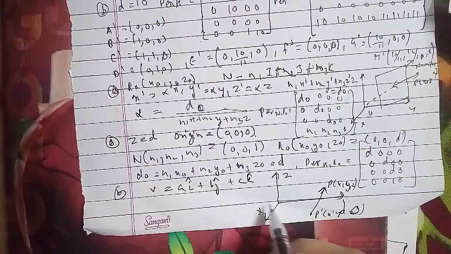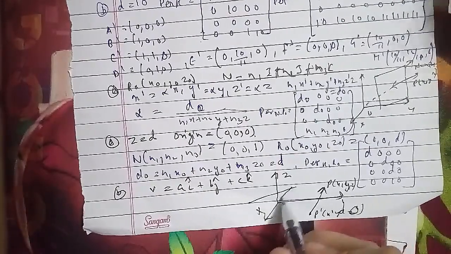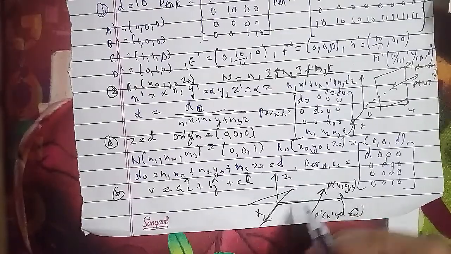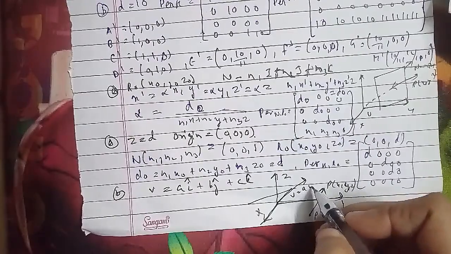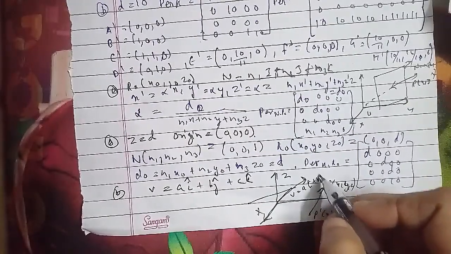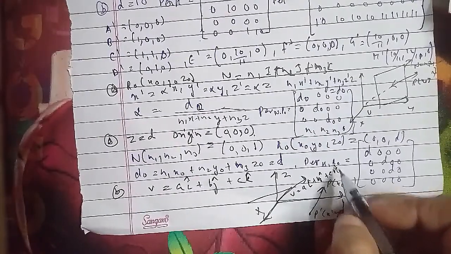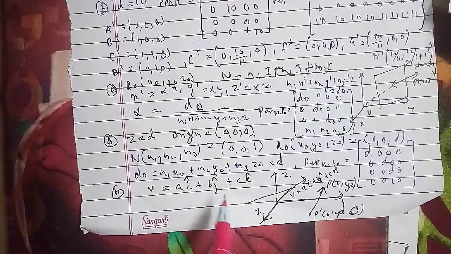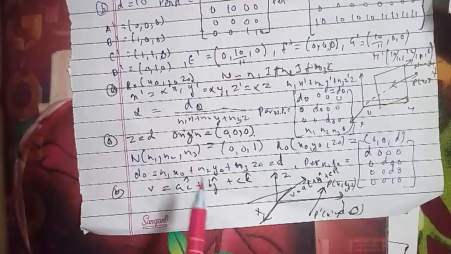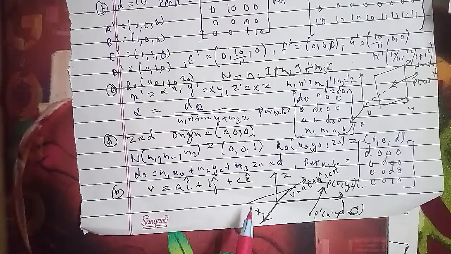And with this line we have v equals a i vector plus b j vector plus c k vector, that has been represented here. So in this figure we see that the vector v and PP dash have the same direction, and this means PP dash equals k times v.